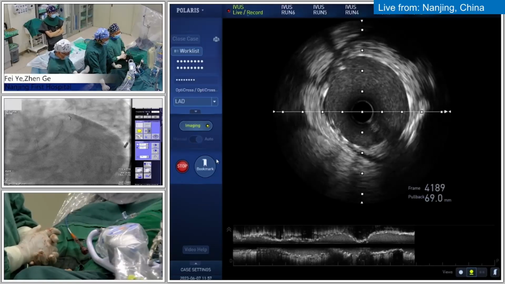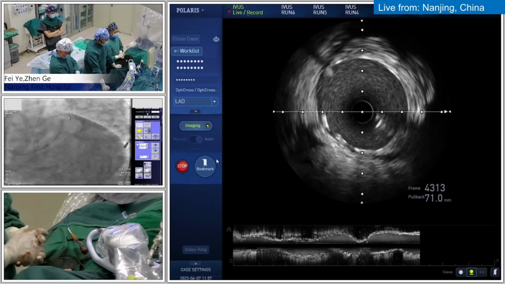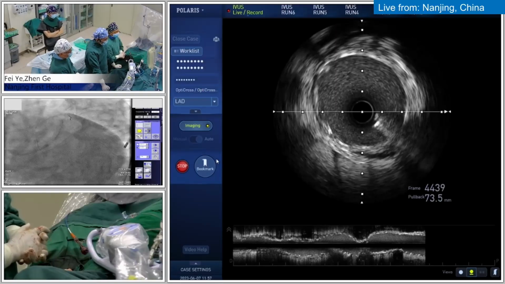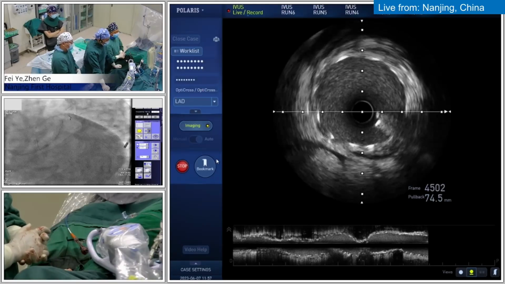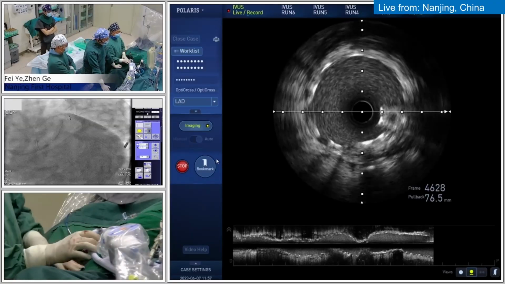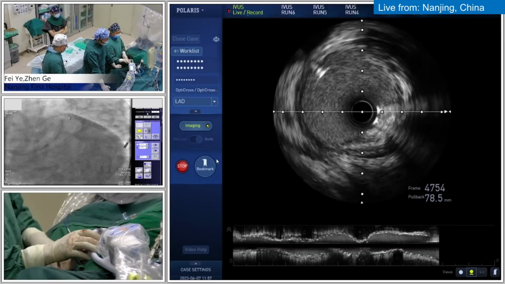The body of the left main stent diameter is more than 4, maybe 4.5. So we want to know the distal left main; probably we need a larger balloon to postdilate.